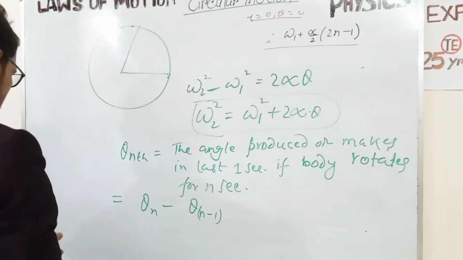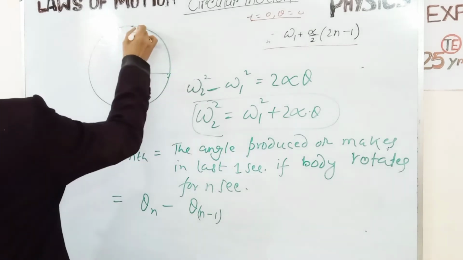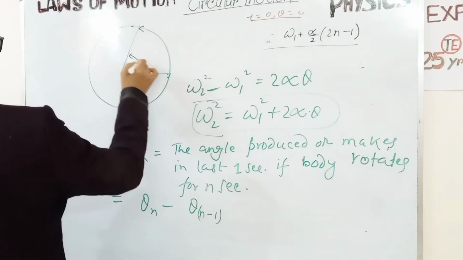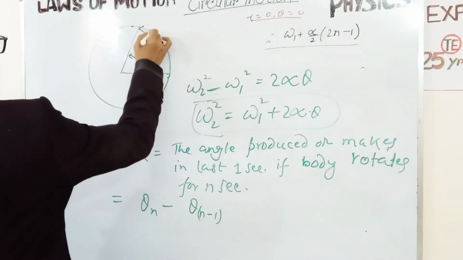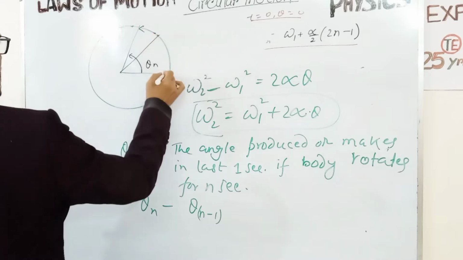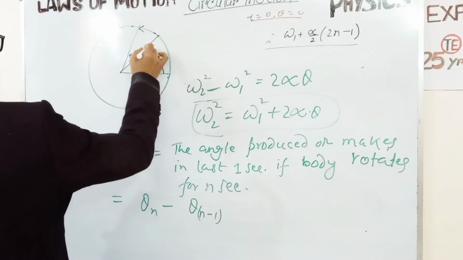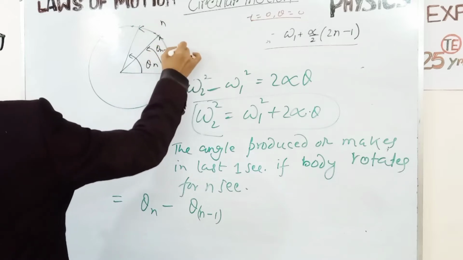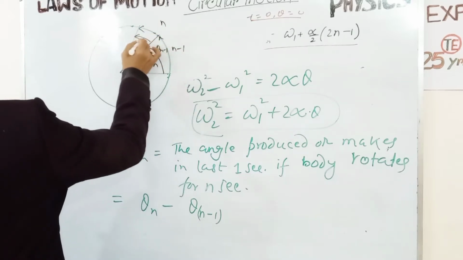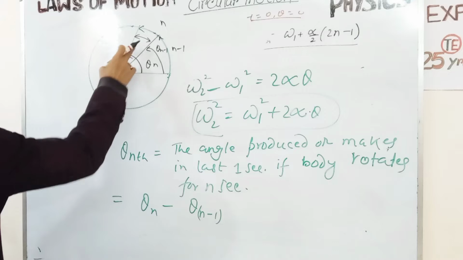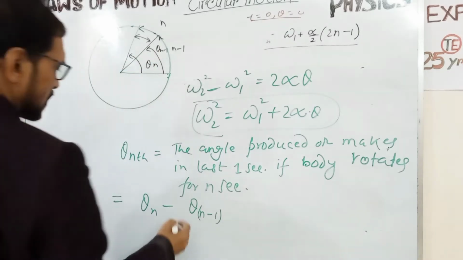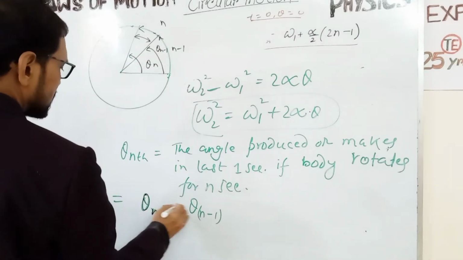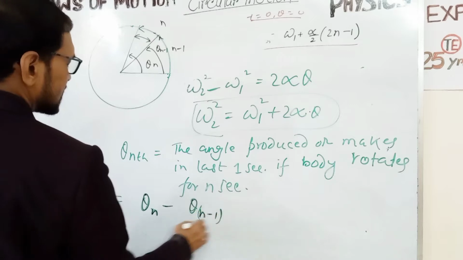Suppose this to this is the nth second, this is theta n. This time is n and this time is n minus 1, so the angle covered in the last 1 second is theta n minus theta n minus 1. If we calculate this, then we get this.